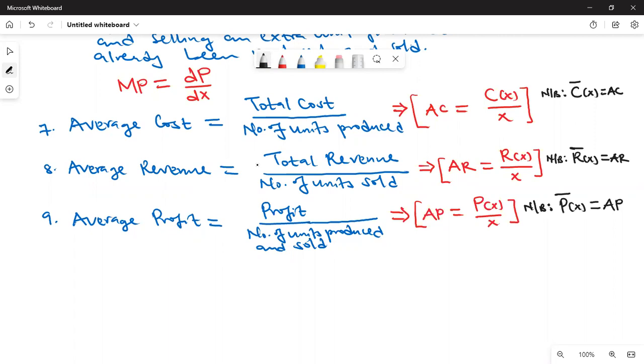That is the aim in economics. So then the question is, how do you apply your knowledge of mathematics to be able to maximize profit, to be able to minimize costs, and also to be able to maximize the revenue? This is what you do.